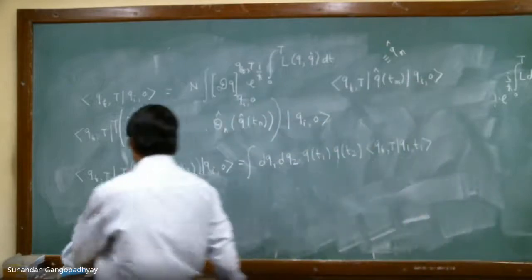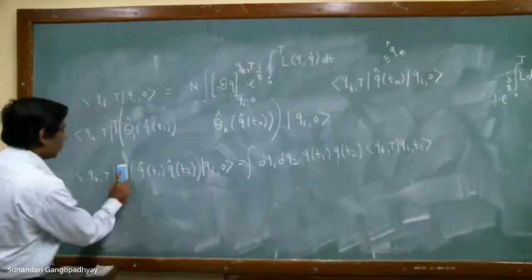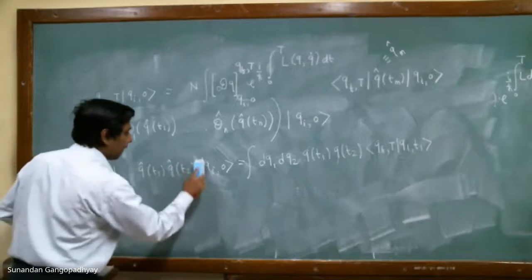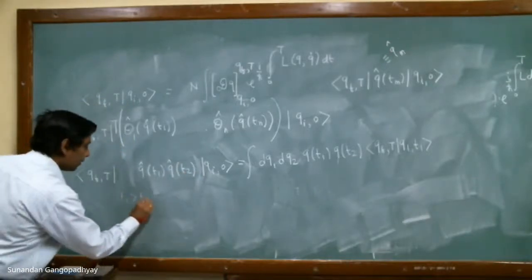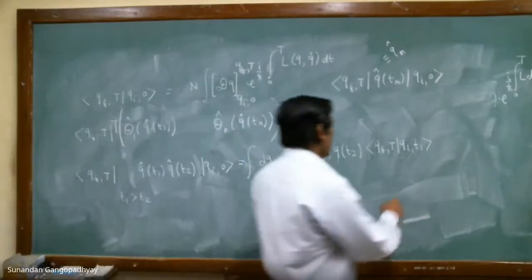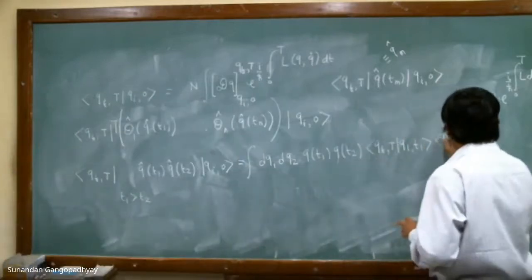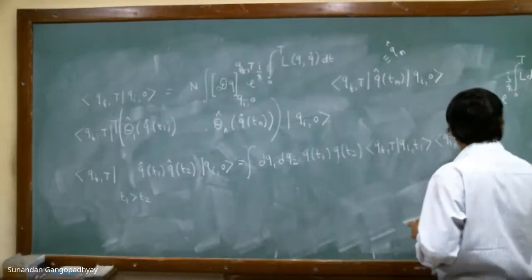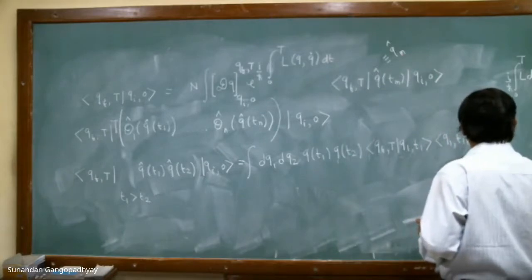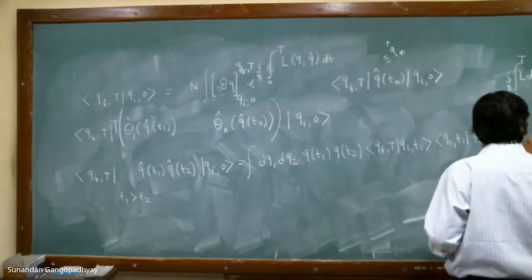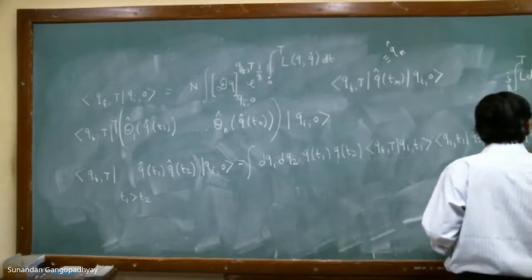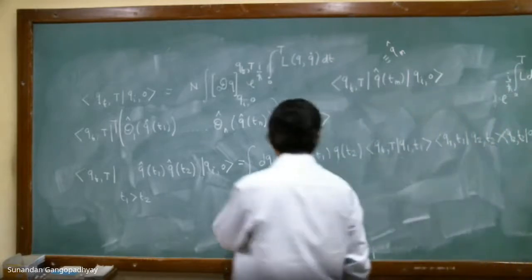This is for the case T1 greater than T2, right? This is for the case T1 greater than T2. So ⟨qF, T| q1 T1, q1 T1 | q2 T2, q2 T2 | qI, 0⟩. This is just the earlier case. Once again, I revisit the earlier case.